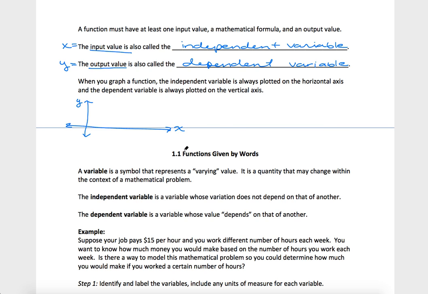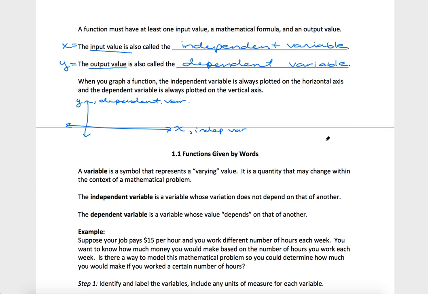Therefore, anytime you have a word problem and you have to graph your function, you always want to graph your independent variable on the horizontal axis, and then you're going to graph your dependent variable on the vertical axis. Dependent variable.